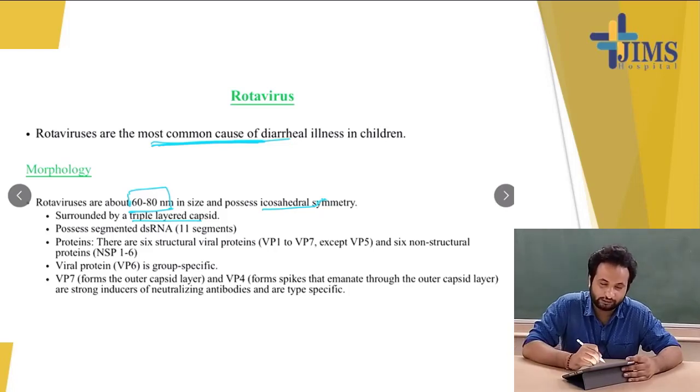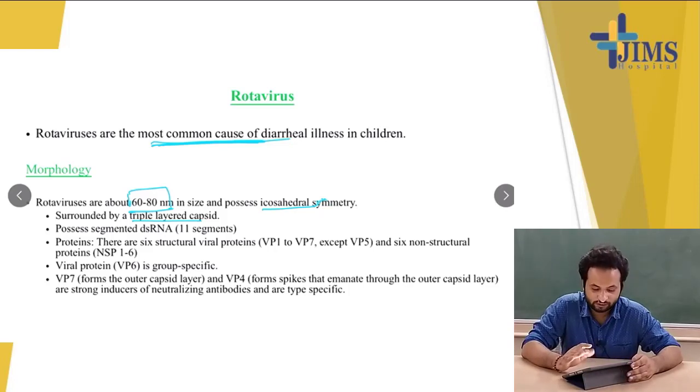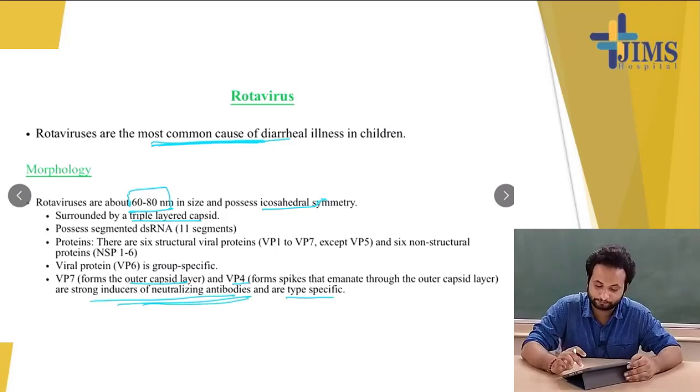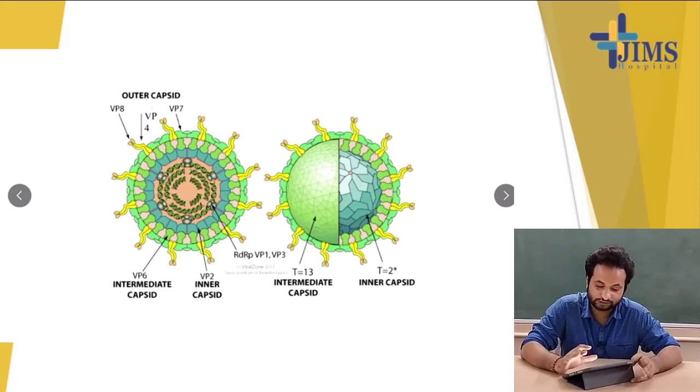VP6 is group specific, while VP7, which forms the outer capsid layer, and VP4, which forms the spikes that emanate out of the outer capsid layer, are both type specific. That means they are strong inducers of neutralizing antibodies. So this is the structure.